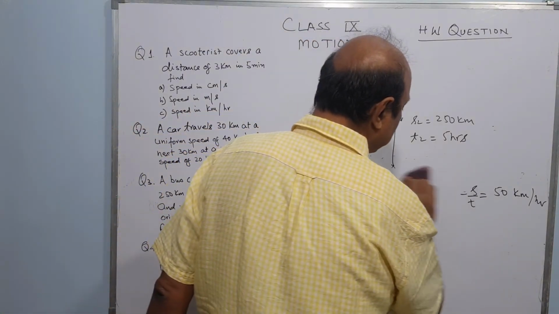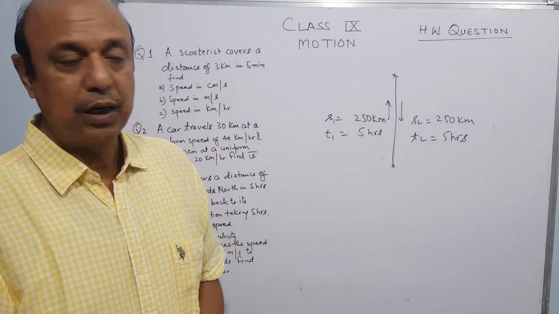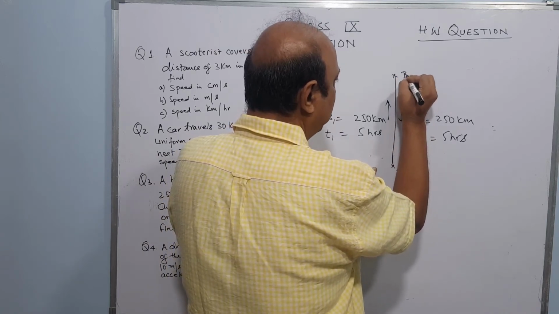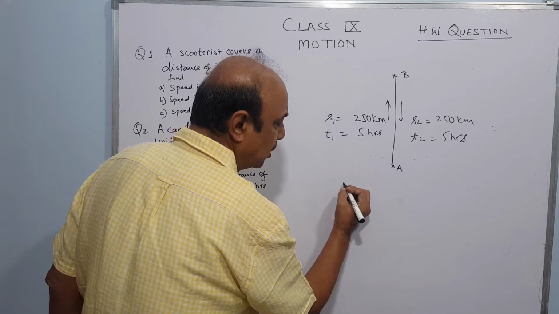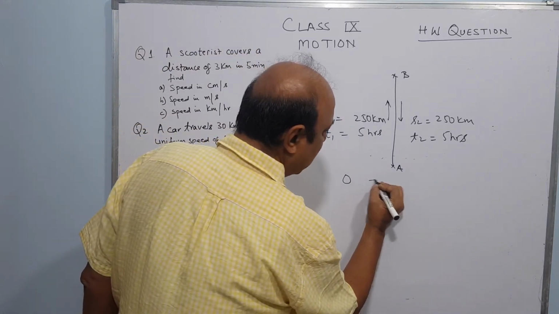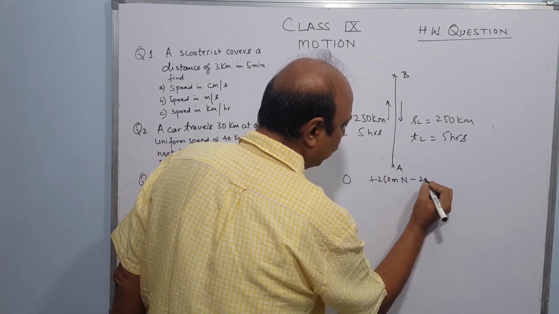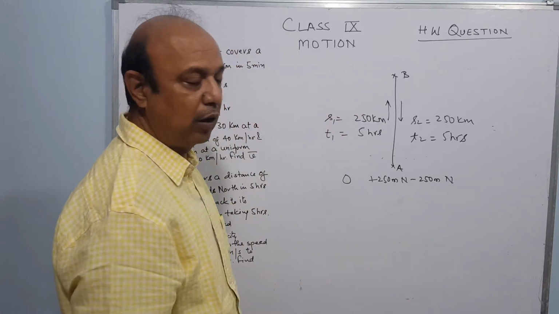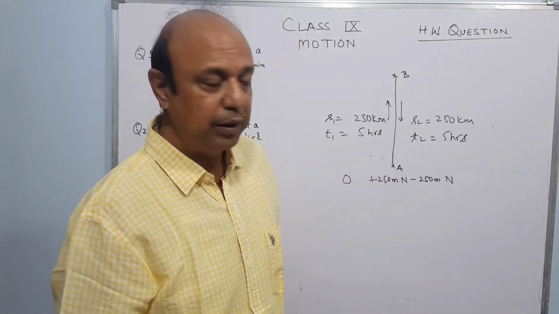Now, to find the average velocity, what we have to find is the total displacement. The bus has started from point A, gone to point B, back to point A. So the total displacement is 0. It is plus 250 in north, minus 250 in north, or plus 250 in south, which I can write as minus 250 in north.